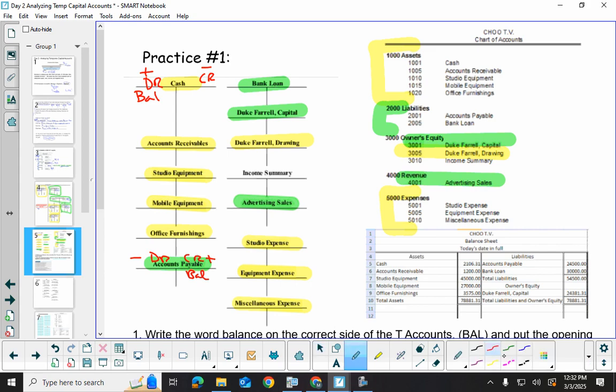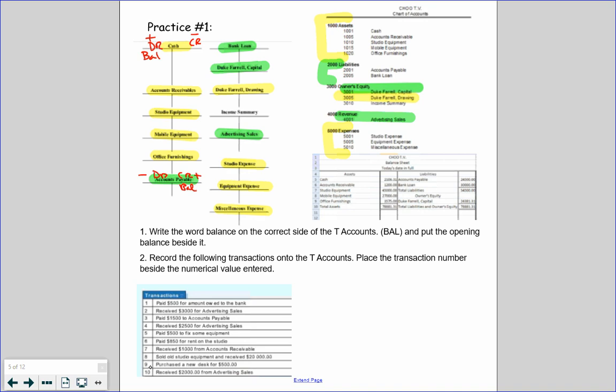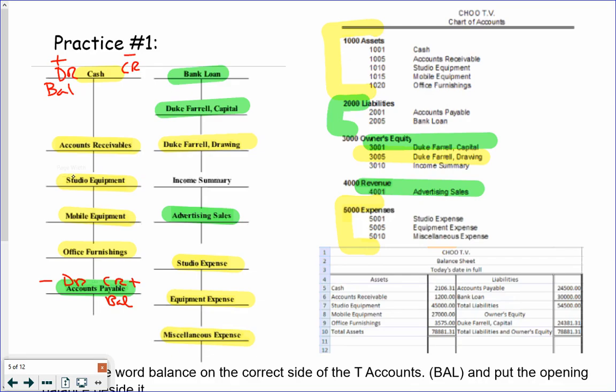So what we have to do first is take the balances off of the balance sheet and put them into the correct T account. So let's see if my old eyes can see this. So cash is 2106.31.